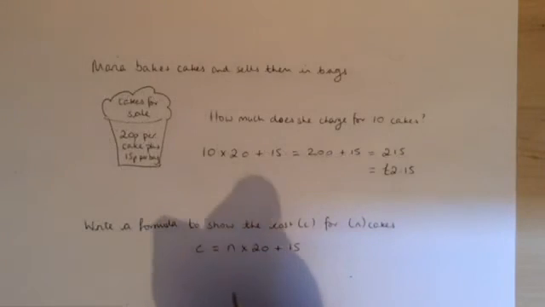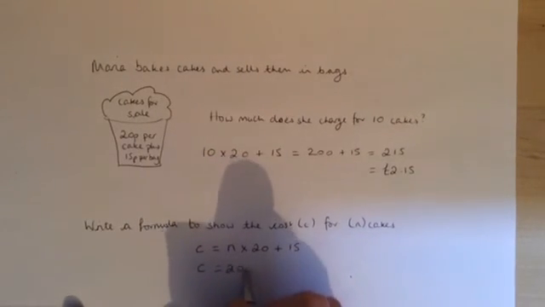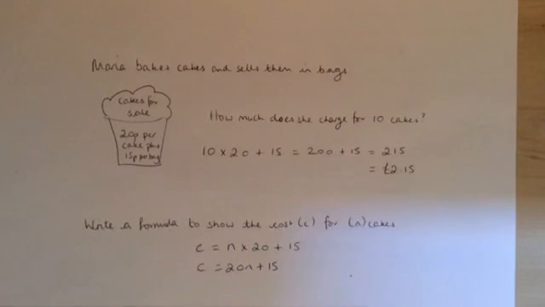And if we remember that when we multiply, we can put the number next to the letter, so actually this formula could also be written like this: C equals 20n plus 15.